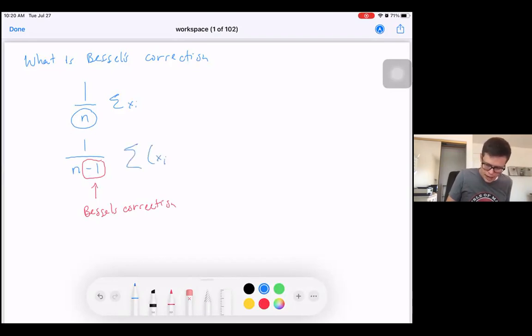Sum of xi minus x bar squared. The key here is that this number is a goofy number because it's shaped significantly by each of the xi's. So the sample mean is probably not the same as the true population mean.